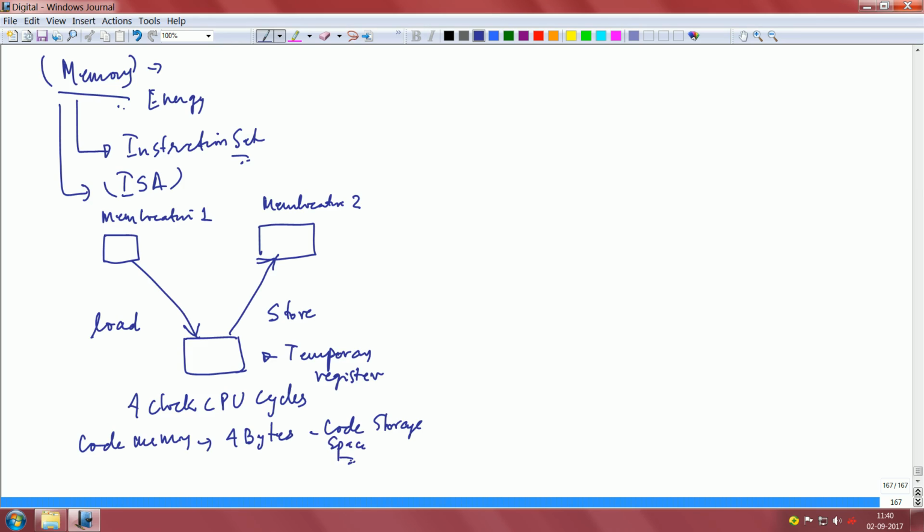Ideally, what do you want to do? After all, if you have memory location 1 and 2, you just want to move this here. Now, some processors actually support this kind of operation as well, and this is 3 clock cycles, and only 2 bytes you need.